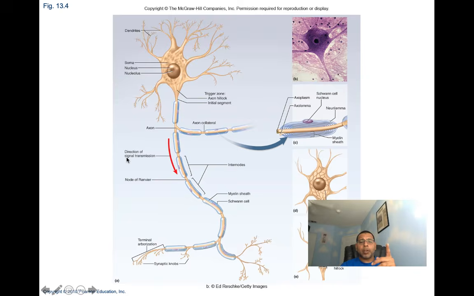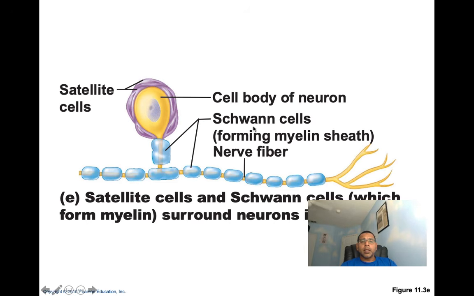But Schwann cells also produce myelin, however in the PNS, and many Schwann cells are required to produce myelin for one nerve fiber. So this is one Schwann cell, which produces the myelin in that region. Another Schwann cell produces myelin for that region. Another Schwann cell produces myelin for that region.